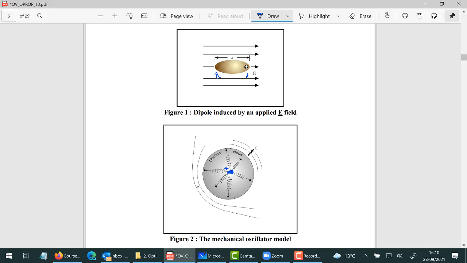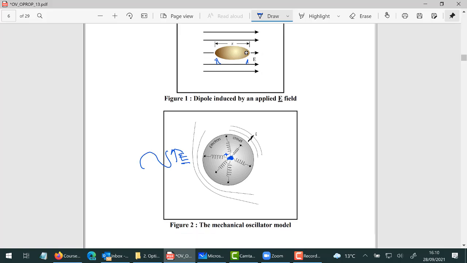So we have a mechanical oscillator description of what's happening inside this atom, and we have our electric field, which is providing a sinusoidal varying force, which is pulling these electrons in one direction or another.